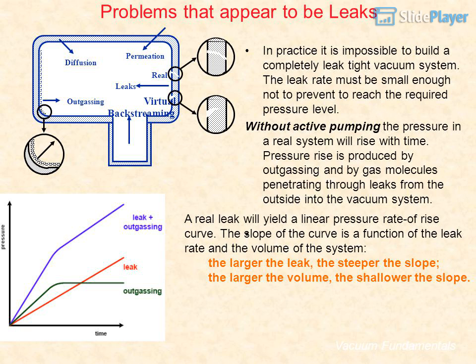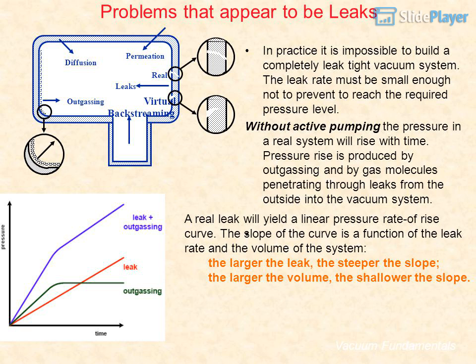In practice, it is impossible to build a completely leak-tight vacuum system. The leak rate must be small enough not to prevent reaching the required pressure level. Without active pumping, the pressure in a real system will rise with time. Pressure rise is produced by outgassing and by gas molecules penetrating through leaks from the outside into the vacuum system. A real leak will yield a linear pressure rate-of-rise curve.